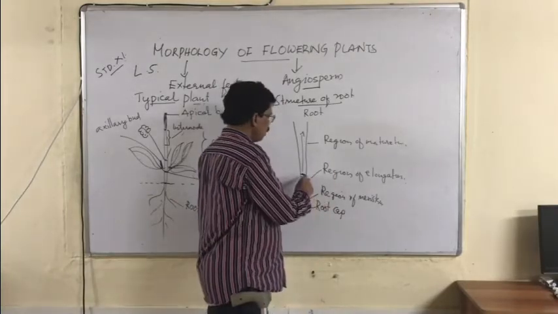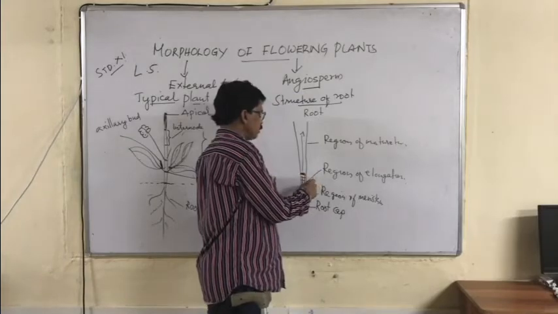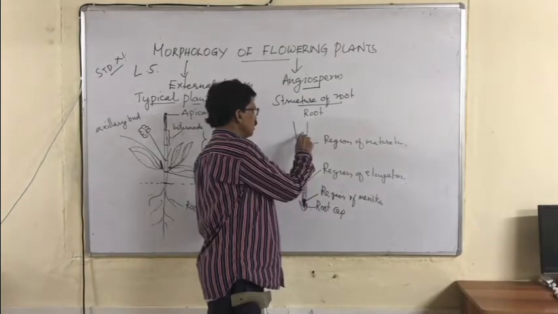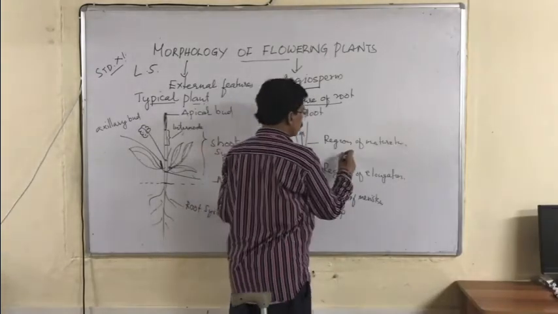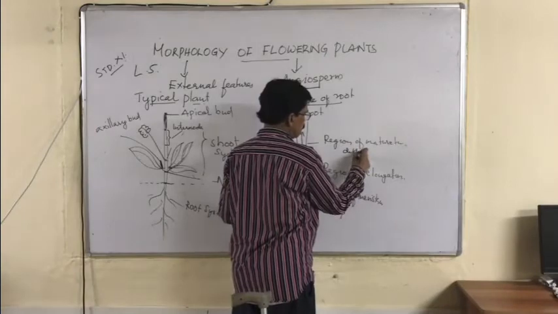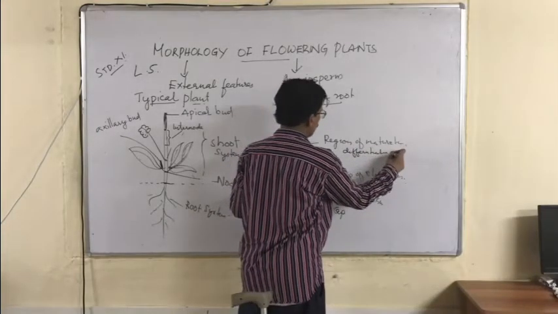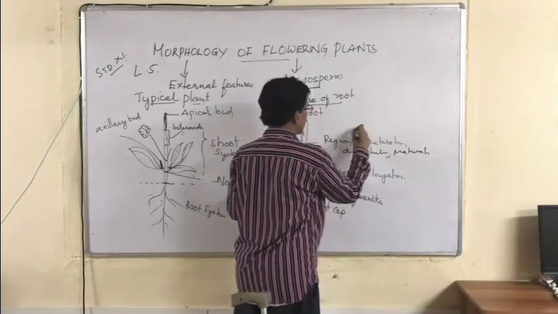In the region above the elongation, the cells now perform functions. They undergo differentiation and maturation, and they become permanent tissues.